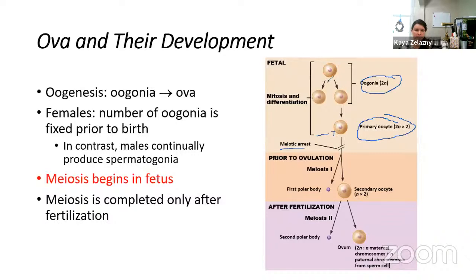So we don't have these oogonia constantly reproducing themselves in a cycle and developing more and more. We start out with these primary oocytes already ready to enter meiosis during the menstrual cycle, as we begin ovulation and then going into fertilization.